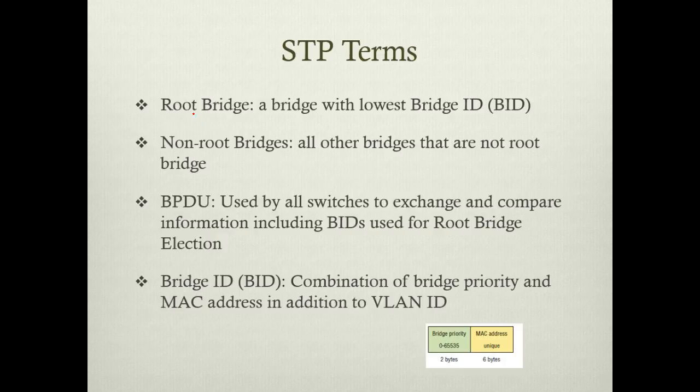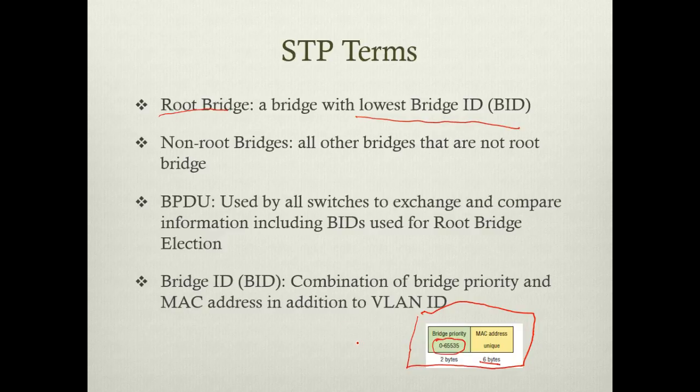So terms here, and I've already talked about root bridge, is a bridge with the lowest bridge ID. I said MAC address. If you look down here we have the actual makeup. We have the MAC address, 6 bytes, and then we have the bridge priority, which is 0 to 65,538.